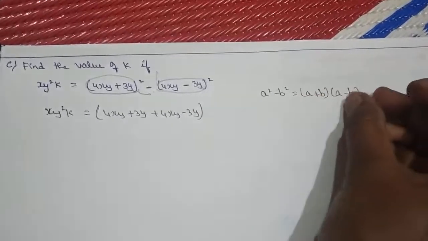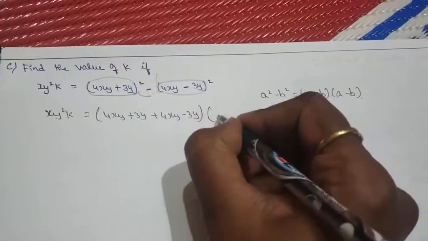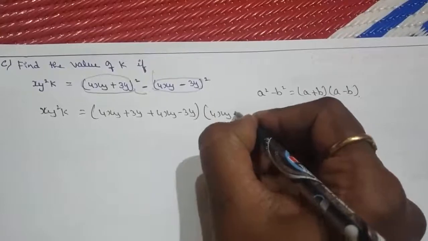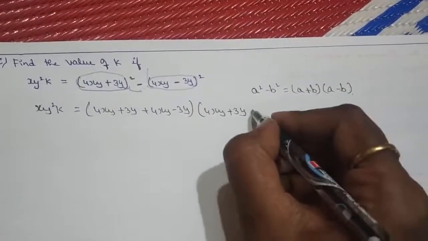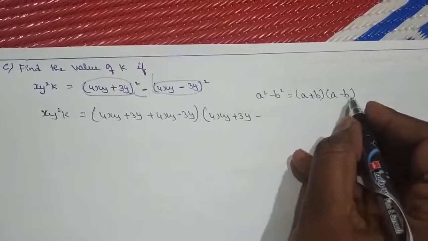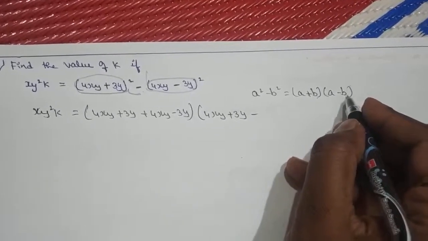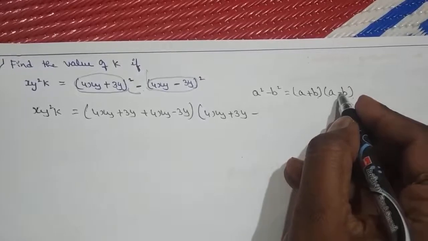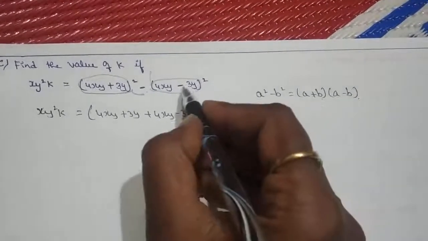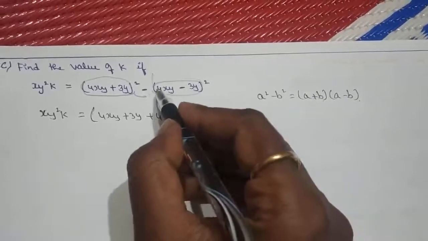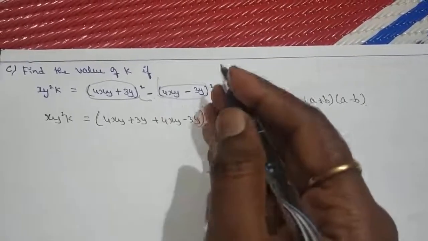Now go for a minus b. A value is 4xy plus 3y minus, right? We have minus b value. But keep in mind, when you are substituting the value of b, there is a minus, right? So when you are writing the minus sign, whatever the terms are there for the value of b, the sign should be changed.